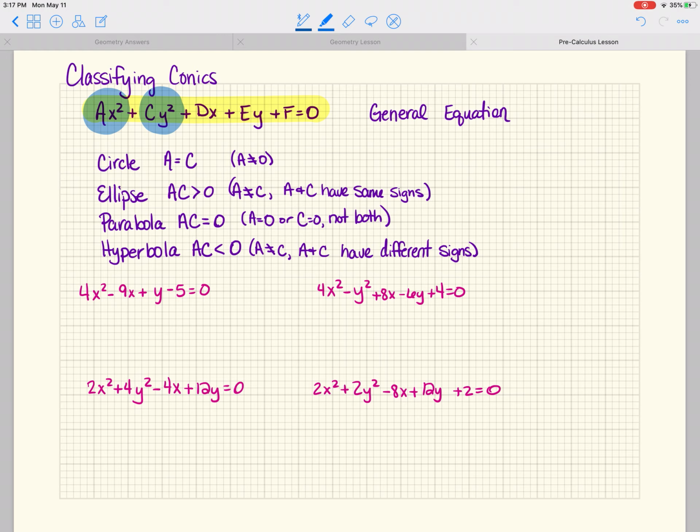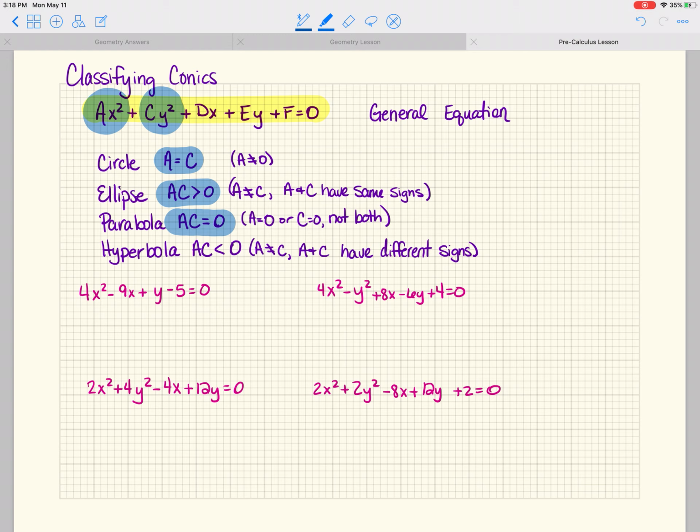If those two coefficients are equal, that means we have a circle. If they have the same signs, so if we multiplied them together they would be positive, we're going to end up with an ellipse. If one of them is missing, meaning that if I took a times c we get 0, then we would end up with a parabola.